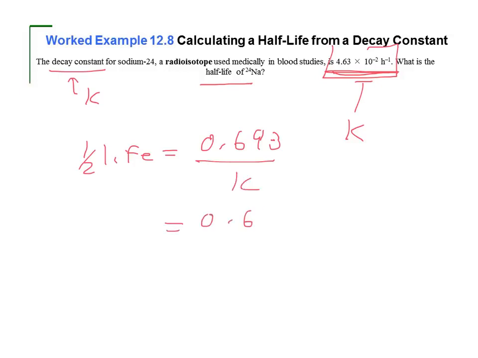So 0.693 divided by 4.63 times 10 to the negative second inverse hours equals 0.693 divided by 4.63 E negative 2, and they've given us 3 sig figs. 3 sig figs would actually wind up being 15.0 hours.